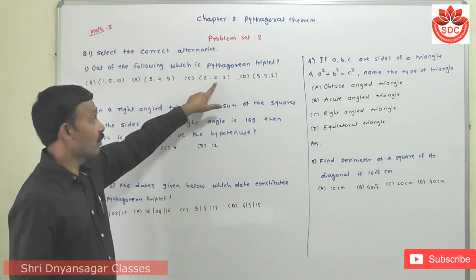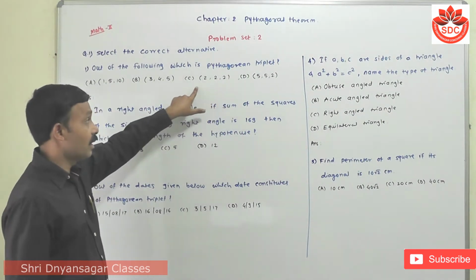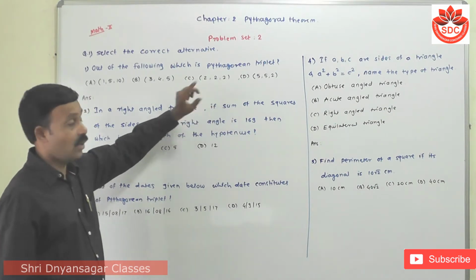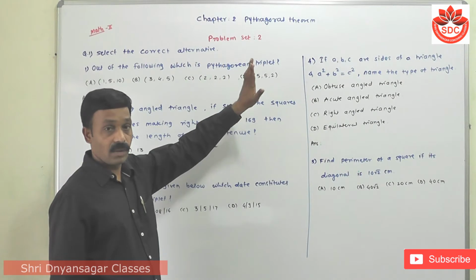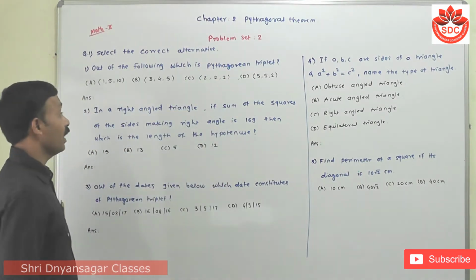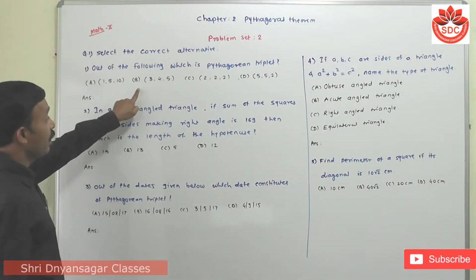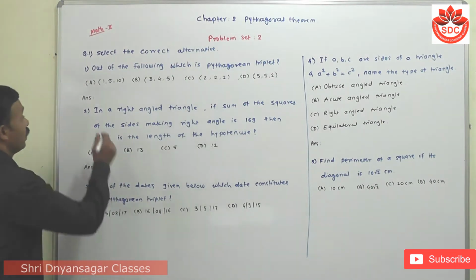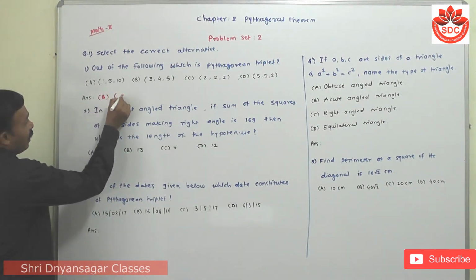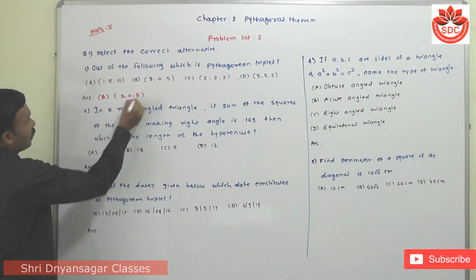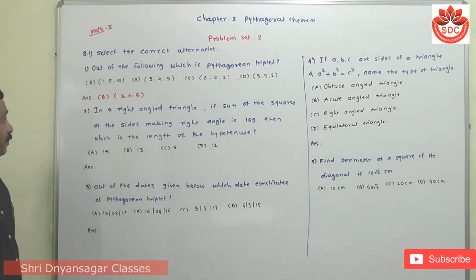Now look here, 2, 2, 2. These 3 numbers are the same, so this is not a Pythagorean triplet. In this also, 2 numbers are the same, so this is not a Pythagorean triplet. So the correct answer is B, which is 3, 4, 5. Write the answer B, 3, 4, 5 in the bracket. This is our first answer.